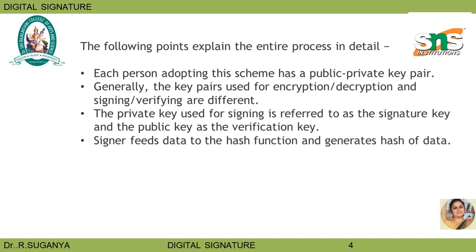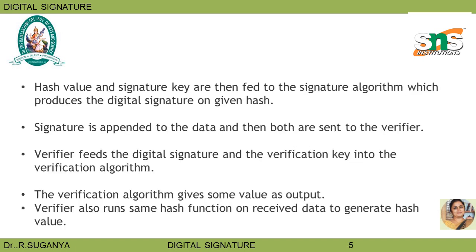The signer feeds the data to the hash function, and it generates a hash of the data. The hash value and signature key are then fed to the signature algorithm, which produces a digital signature on the given hash. The signature is appended to the data, and then both are sent to the verifier. The verifier feeds the digital signature and the verification key into the verification algorithm.